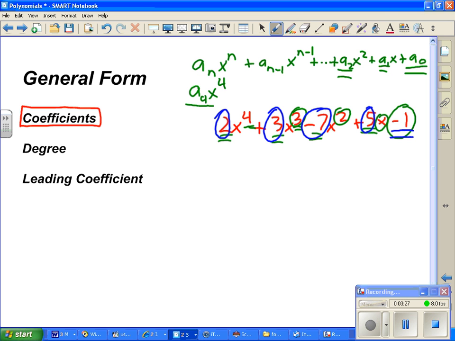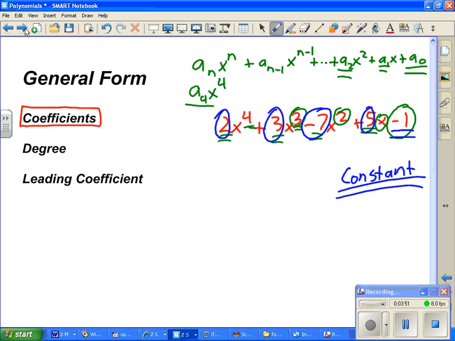This negative 1 out here is called a constant, because the variable can't change it. This 5 I could change by making that x a 2, because 5 times 2 is 10. But the negative 1, there's no way I can change it because there's no x I can plug in to make it change. So it is constant. It is always going to be negative 1 at the end there.